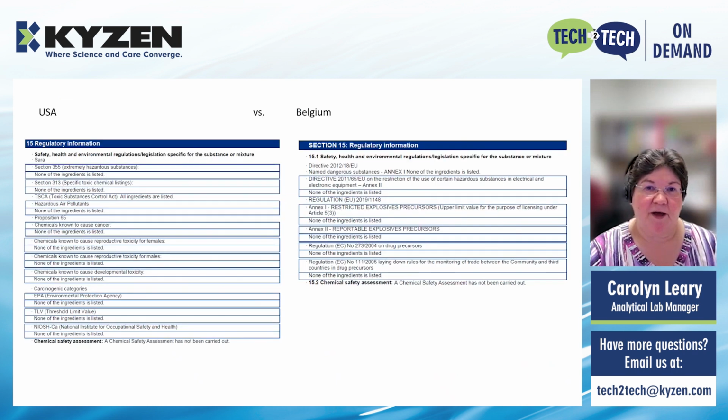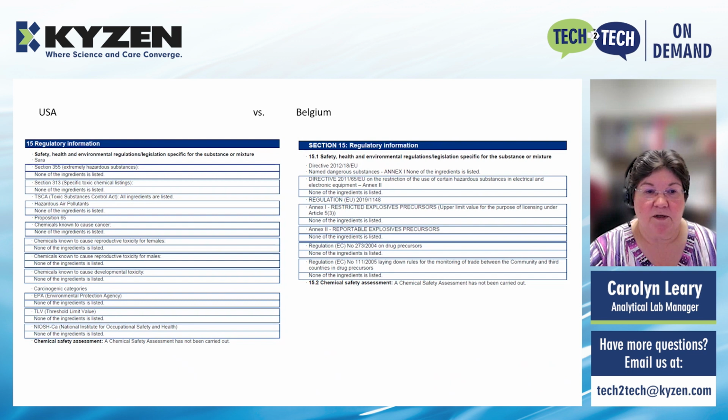And here again, we talked about how it has to be relevant to the country where the product is being used. I'm showing an example of some of the other regulatory information that could be found and how it will change based on the country of use. In the United States, you can see our Prop 65, the EPA information.